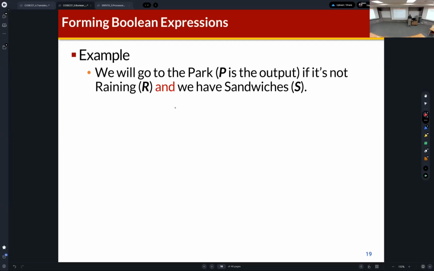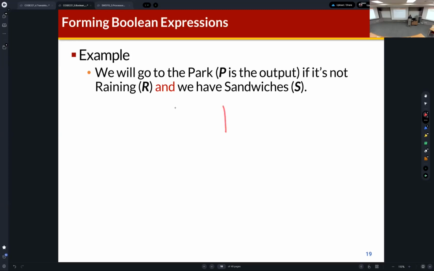That's why I mentioned that the SOP form is more straightforward and easier to understand. Using this sentence, we can directly generate Boolean equations, right?